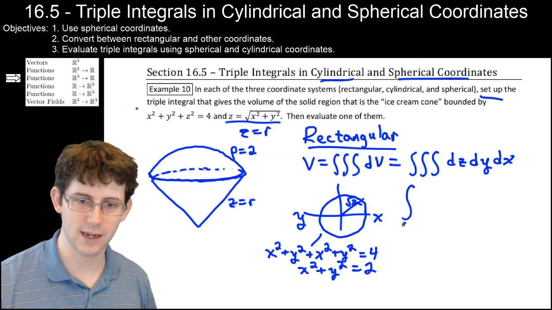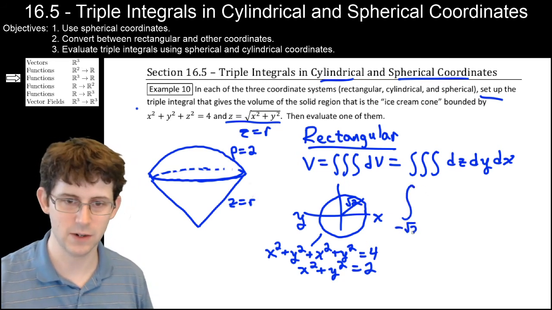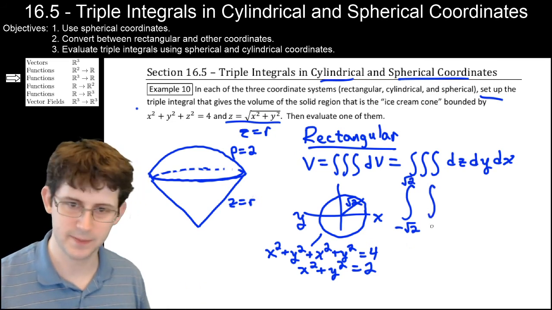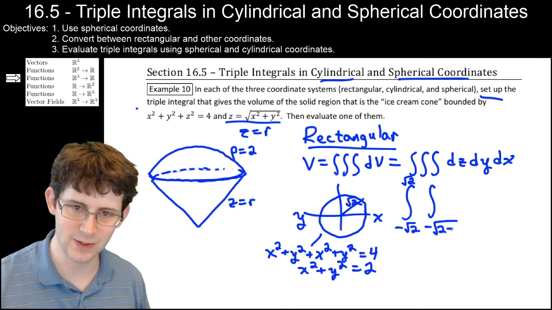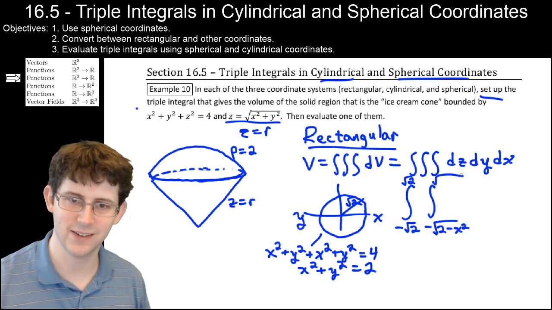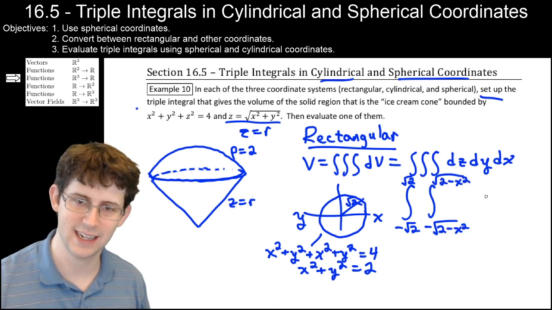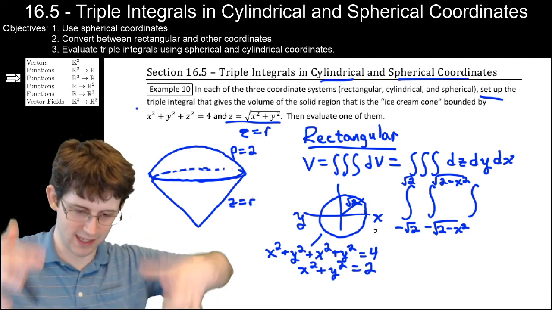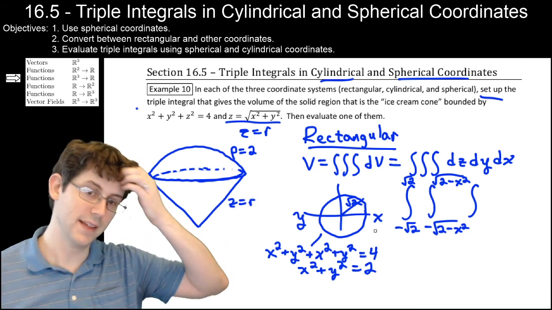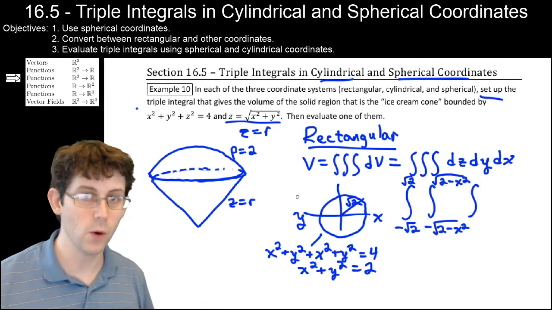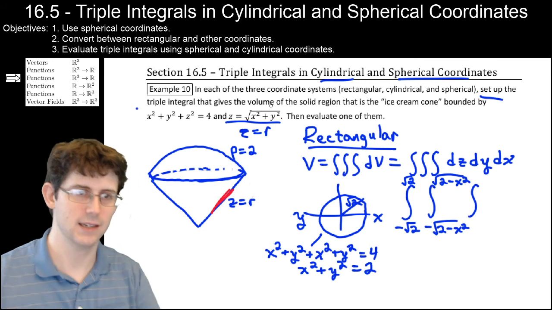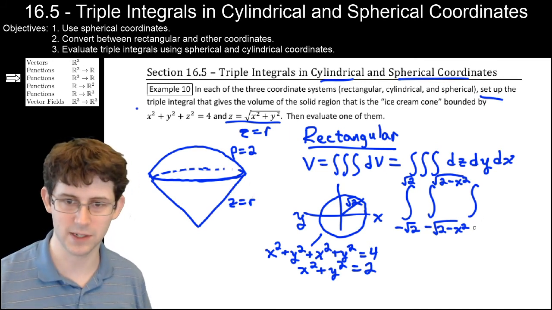So x goes from minus square root of 2 to square root of 2. y goes from minus square root of 2 minus x squared to square root of 2 minus x squared. Gross. And that covers the xy plane, so that covers the x and y bounds. Then the z bounds: the lower limit of the shape would be the cone, which is z equals square root of x squared plus y squared.